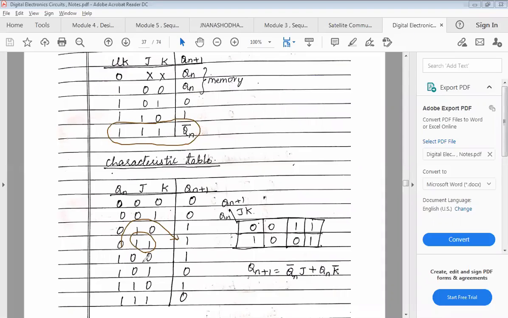Then in 0 0, whatever is in the memory, the same thing comes. 0 1 J, 1 0 J, 1 1 Q bar. So 1 complement 0. Put this in a K-map and you will get your characteristic equation. Any doubts, students?